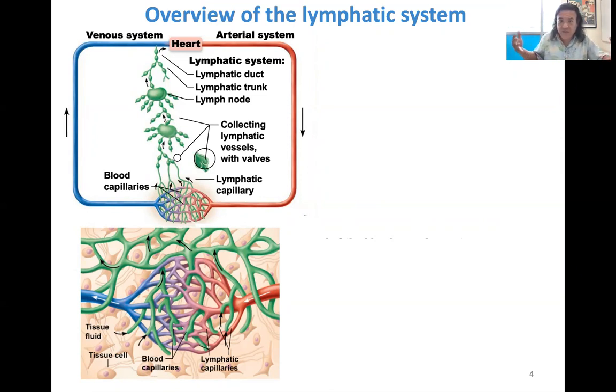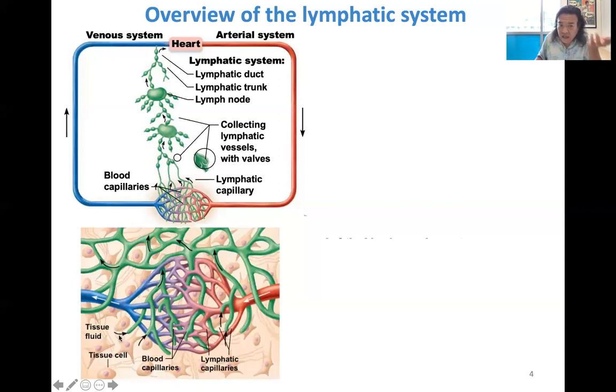Otherwise, if your tissues kept filling up with water, what would happen? Your tissues would get really bloated with water. And when that happens, what do we call that? We call that edema. So the swelling of different areas, like around your ankles, is because the fluid is not being drained properly from the tissues.